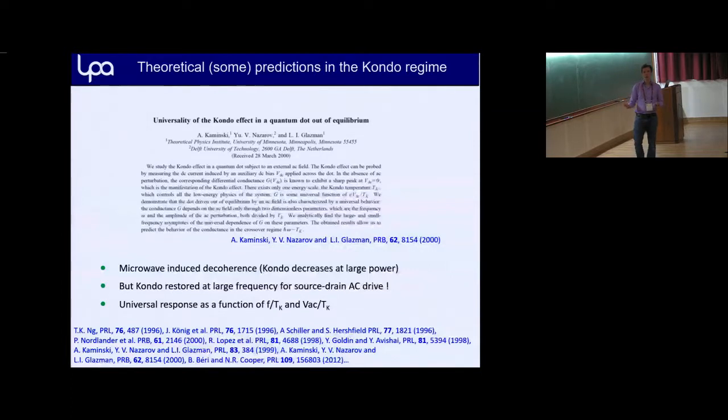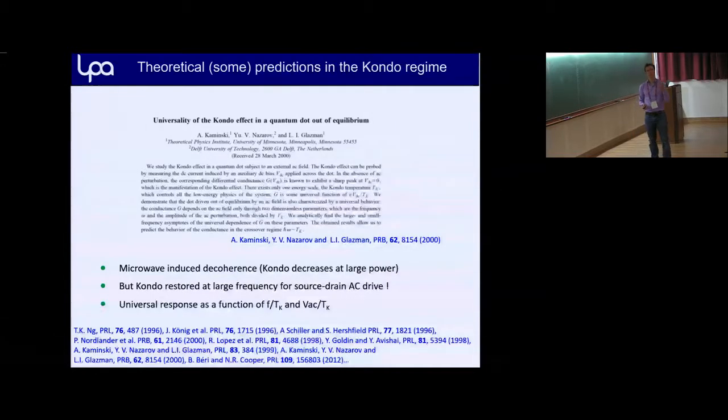Although you have a many-body problem with many possible complex excitations, at low energy everything boils down to a single energy scale, which is the Kondo temperature. And in this theory paper, this is exactly what they worked out. They have shown that the same thing holds for the AC transport.